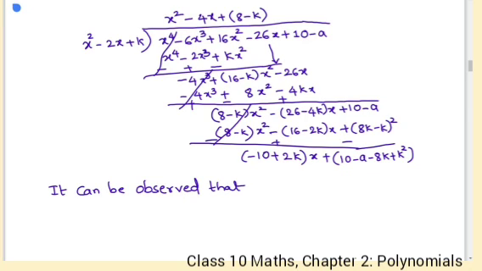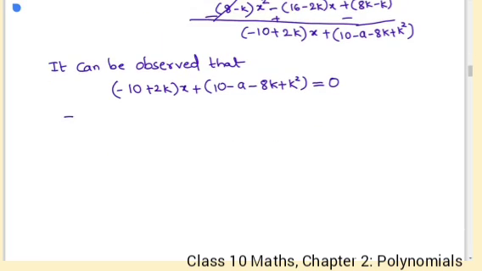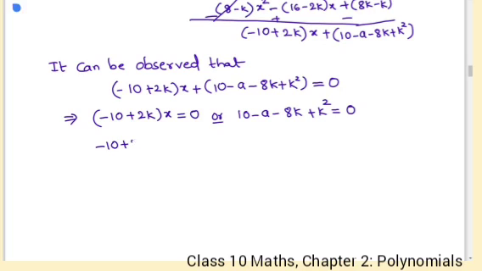It can be observed that minus 10 plus 2k into x plus 10 minus a minus 8k plus k square is equal to 0. Minus 10 plus 2k into x is equal to 0, or 10 minus a minus 8k plus k square is equal to 0. Here minus 10 plus 2k is equal to 0.